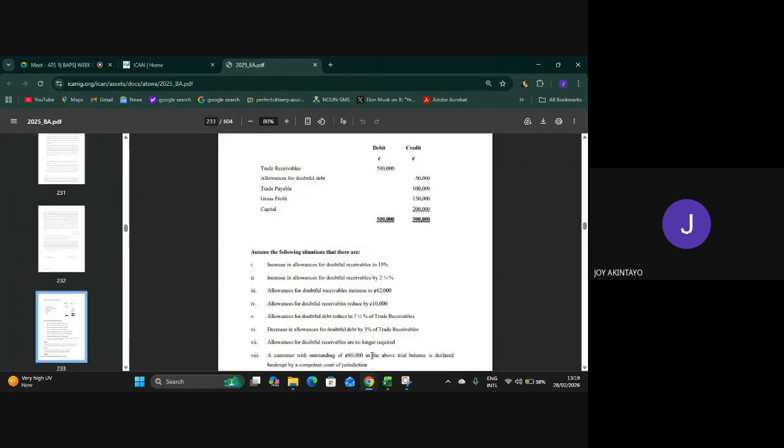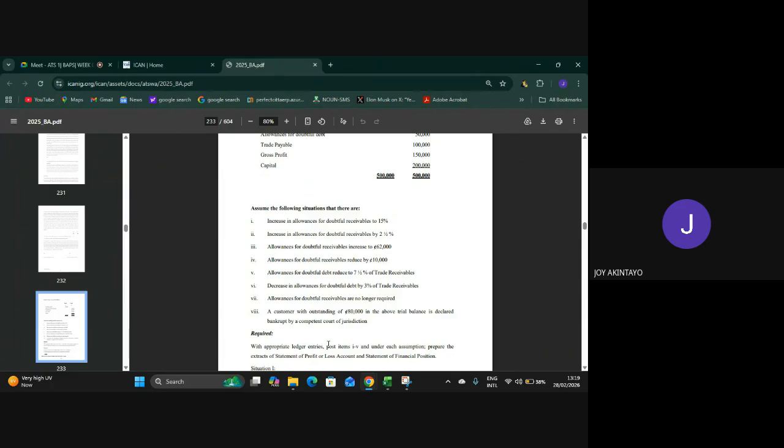How do we account for that? So they've given us the new provision, yes or no? Then we minus it to know our increment. We need to determine our increment.